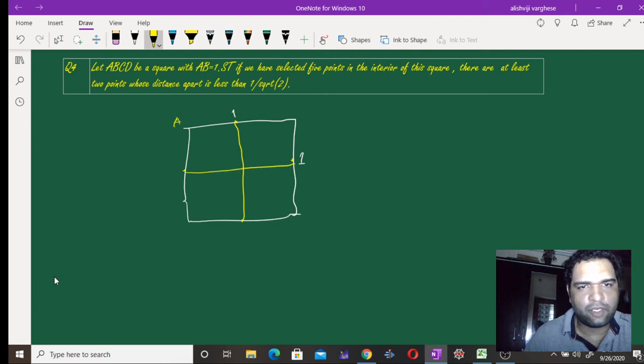So let the square be A, B, C, D. Then the midpoints can be named as E, F, G, H. Then the center point can be named as I. Now, here we get four regions. We can name them as R1, R2, R3, R4. They are similar to each other. And observe one more thing.